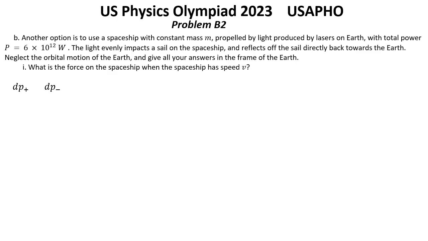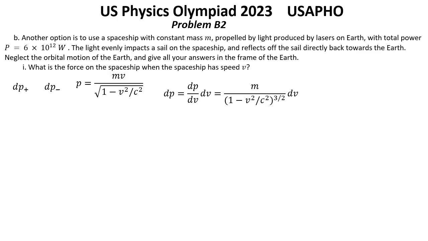The total momentum of the spaceship was p equals mv over square root of 1 minus v squared over c squared. So the total change of momentum of our ship was delta p, which equals delta p over delta v multiplied by delta v, the derivative of this expression with respect to speed v, and that must be equal to the change of momentum of our light beam. So we have this expression.